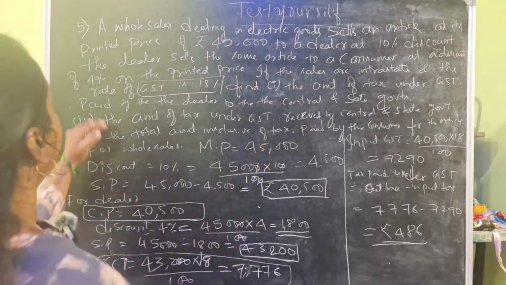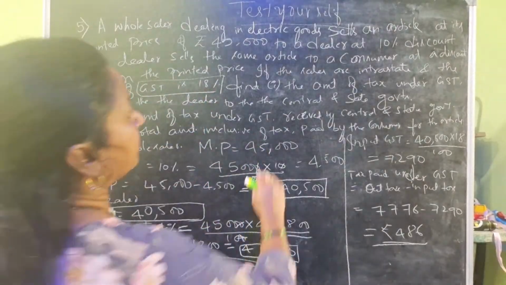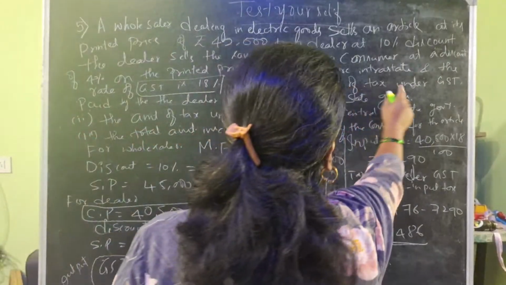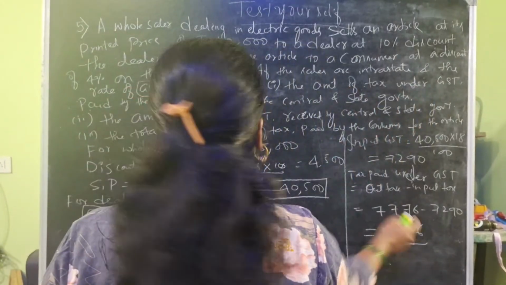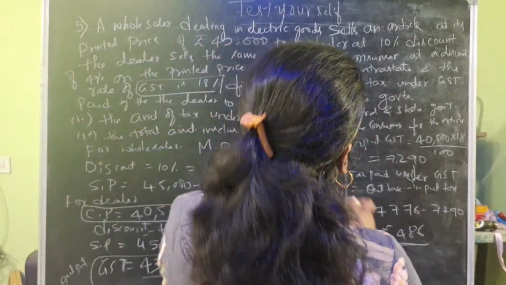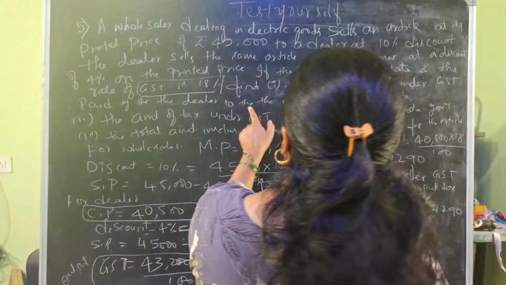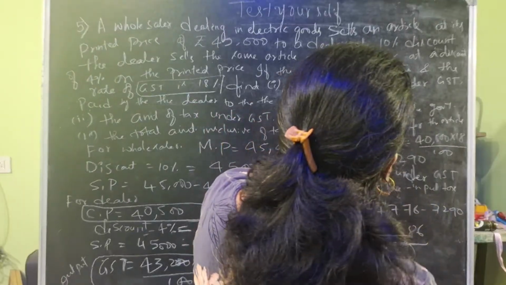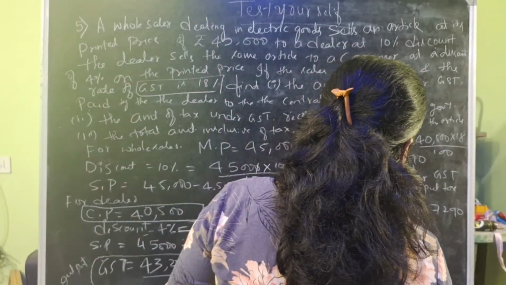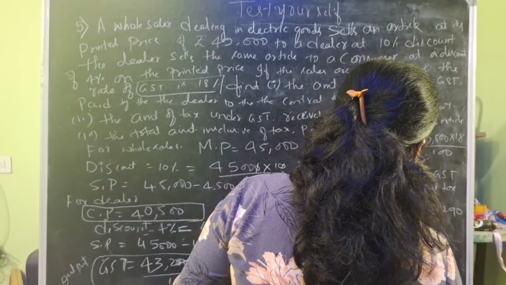So here in this question they have given that the amount of tax under GST is 486 paid by the dealer to the central and state government. So we have to find the CGST and SGST amount.